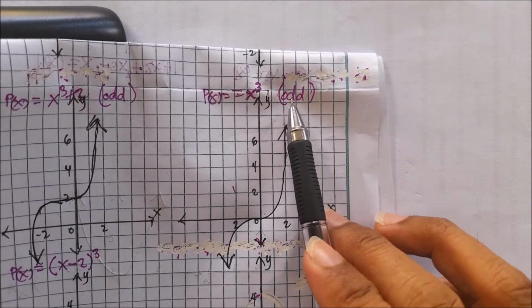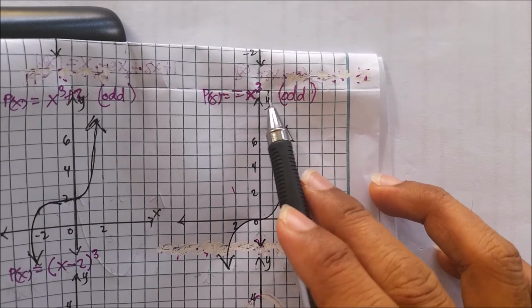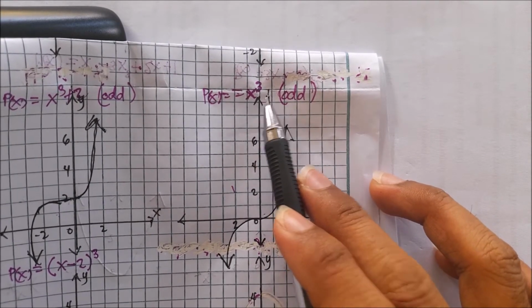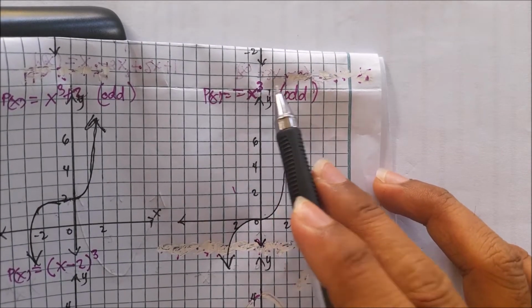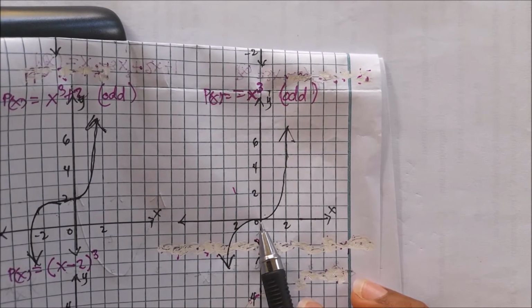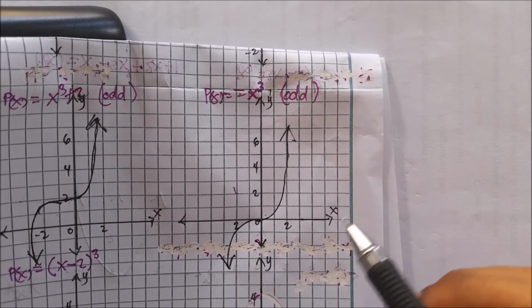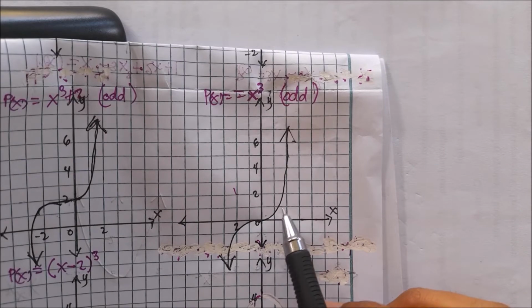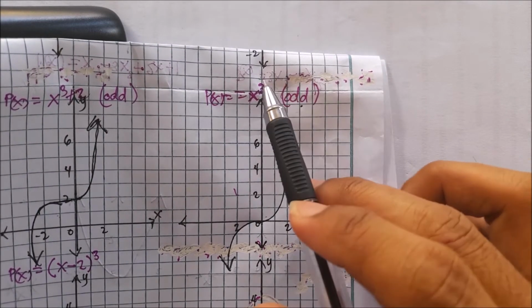It's because it's an odd number, and there is no constant k, so the constant k is automatically 0. Since 0 is located at the origin of the graph, that's why the vertex is there. And the form of the graph is like this, because of the odd number of the exponent.